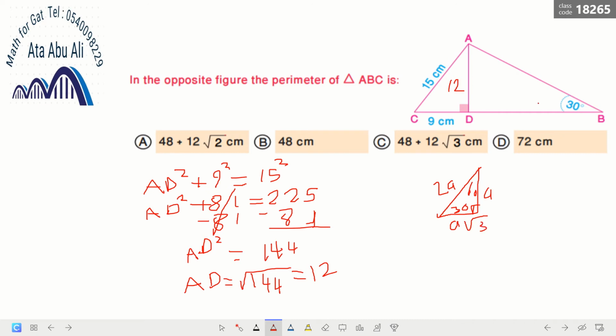So this is the opposite, which is 12. Now that means the hypotenuse is equal to the double, which is 24.